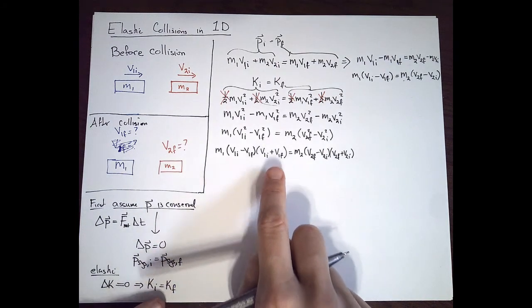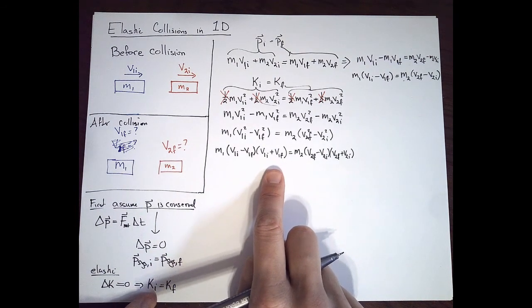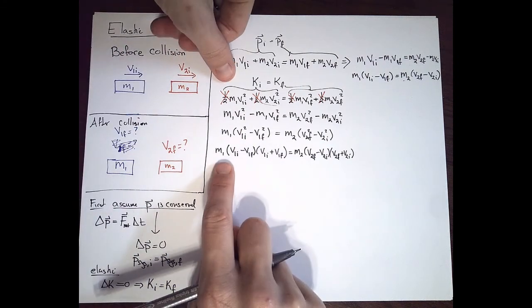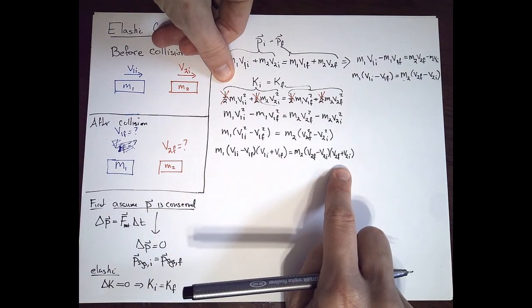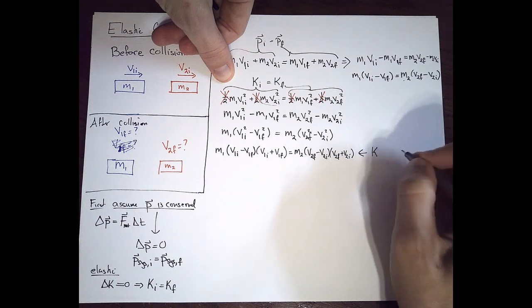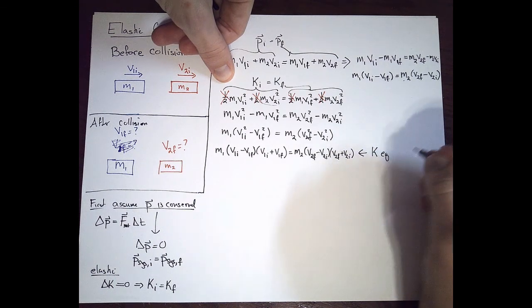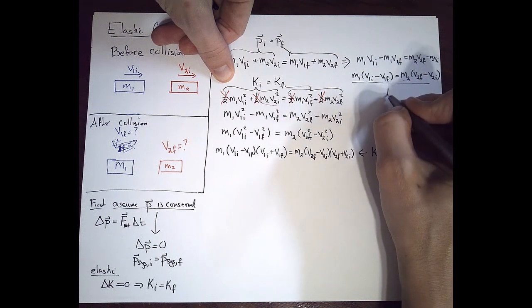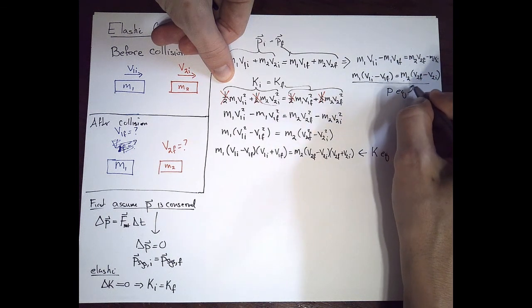All right, and this is why I was doing what I was doing. So this is the kinetic energy equation. Let's just remind ourselves: that's the kinetic energy equation, and up here, that's the momentum equation.